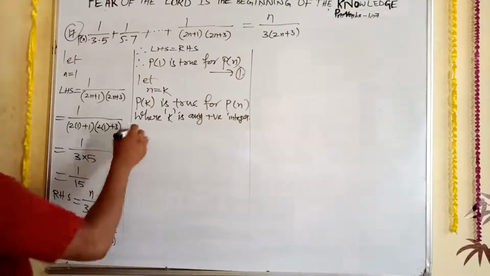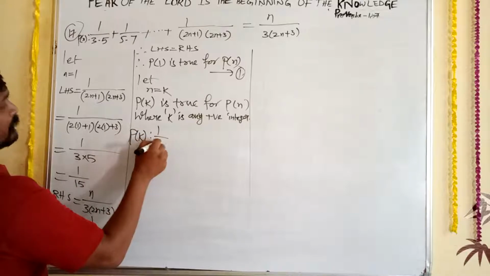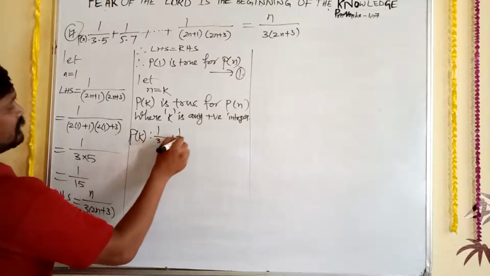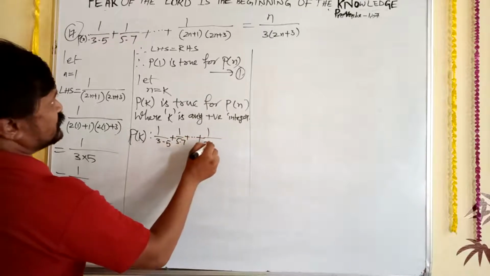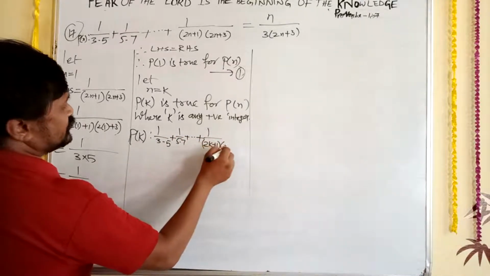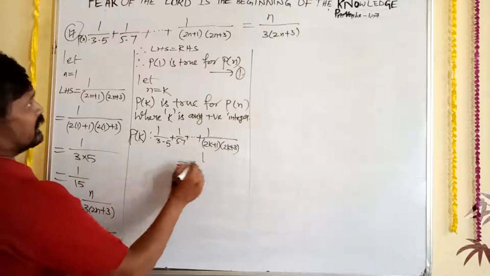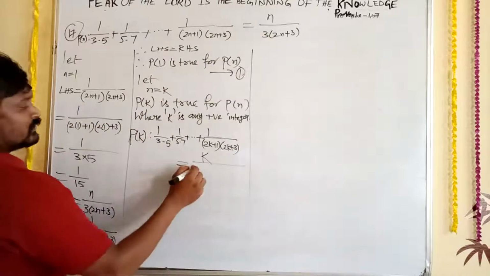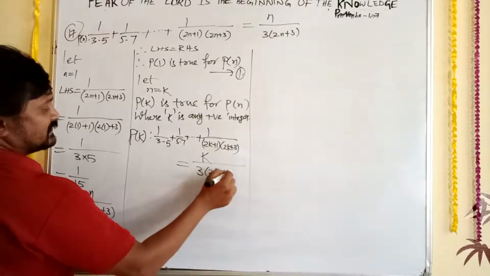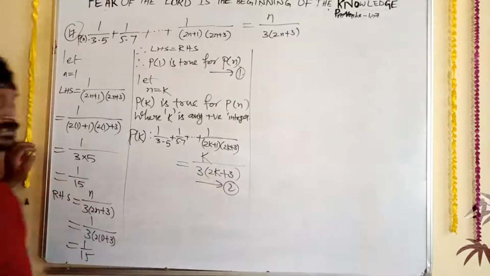After writing that, P of k is such that 1 upon 3 into 5 plus 1 upon 5 into 7 plus and so on plus 1 upon 2k plus 1 into 2k plus 3, that is equal to k upon 3 into 2k plus 3. So you got this. This is equation number 2.